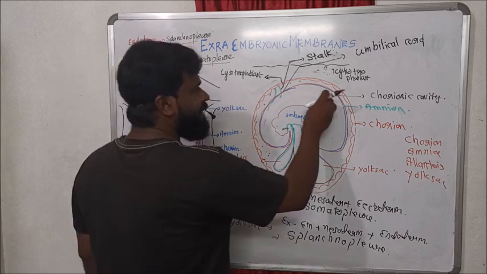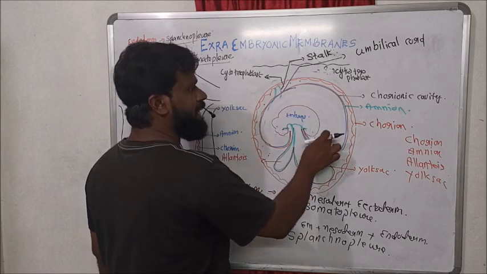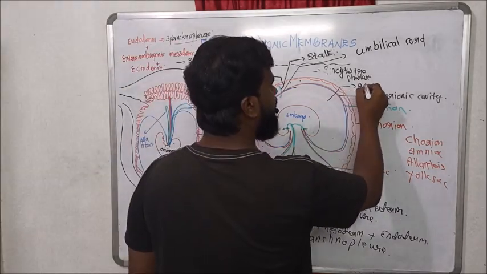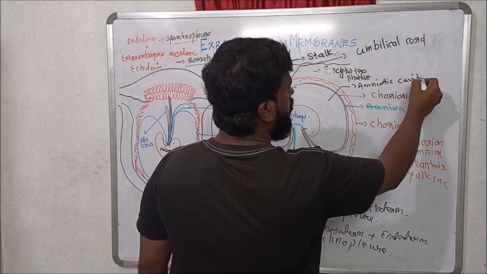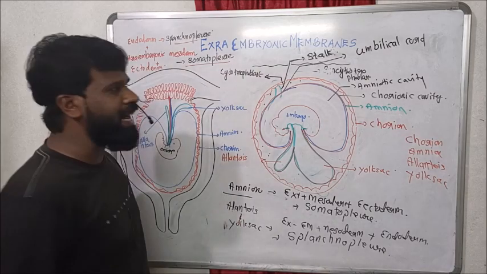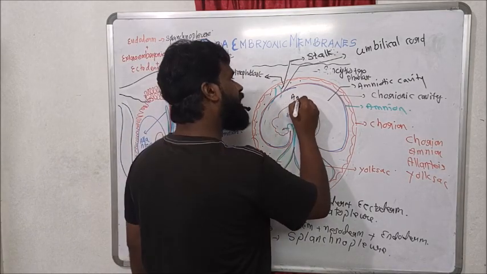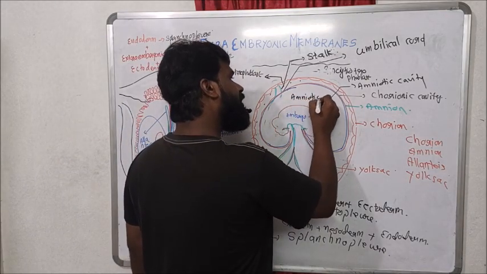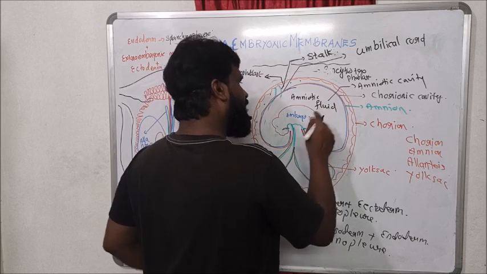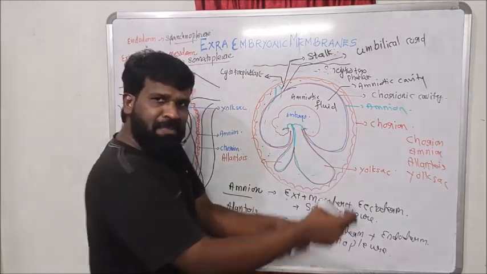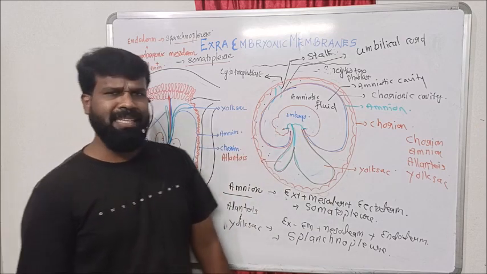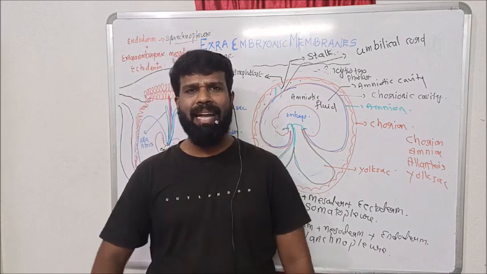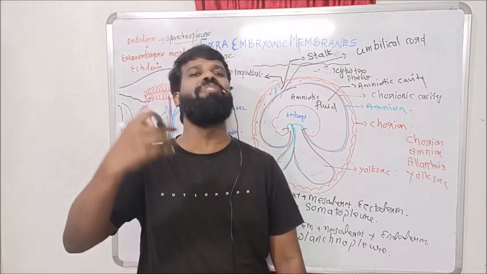Similarly, this is the amnion, and this cavity is the amniotic cavity, filled with amniotic fluid. This embryo is bathed in this amniotic fluid. These extraembryonic membranes are fluid-filled membranes.